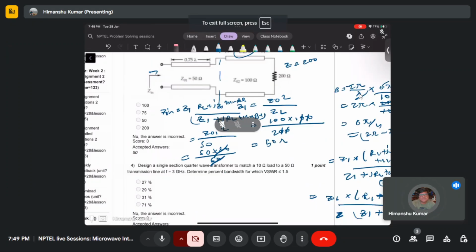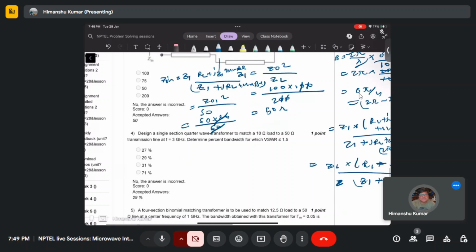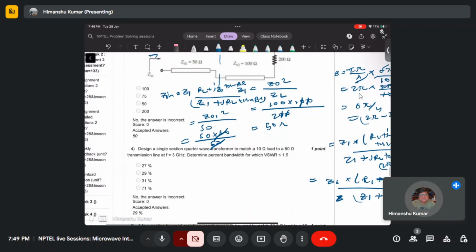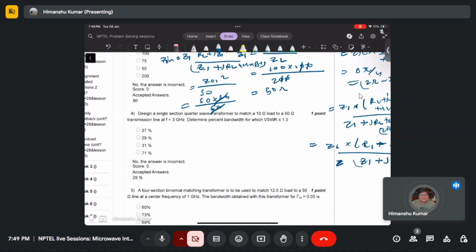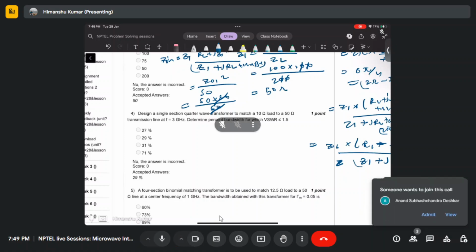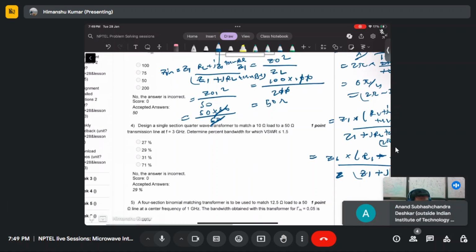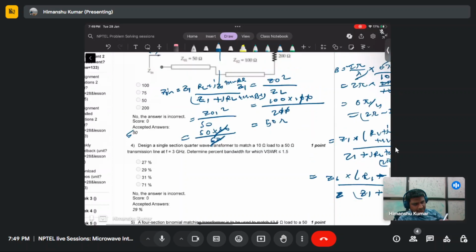So the input impedance will be matched to the corresponding impedance. Then the total impedance will be around 50 ohm.